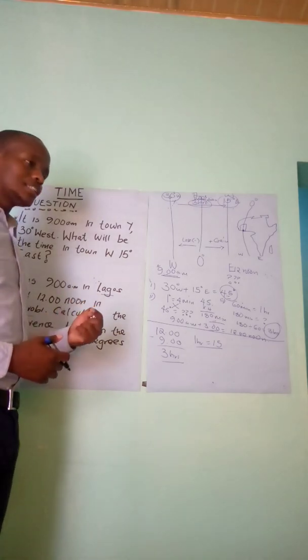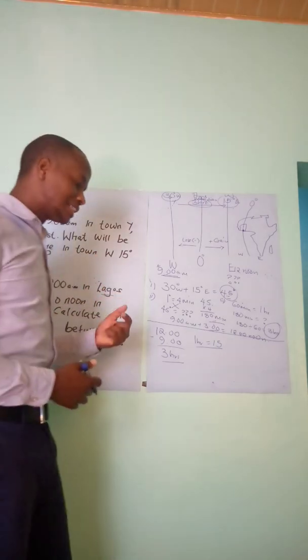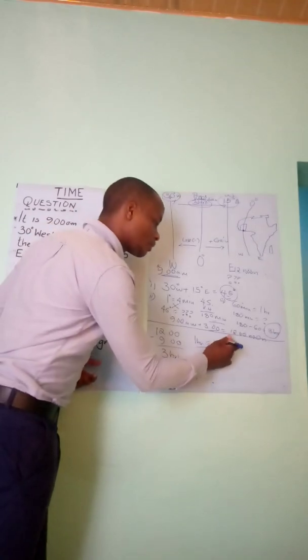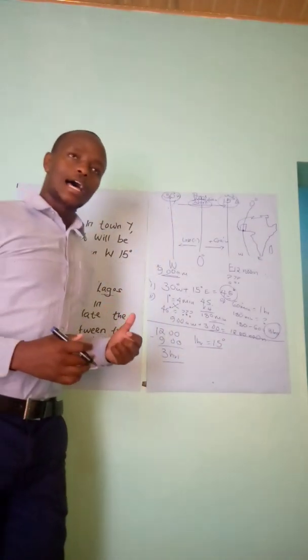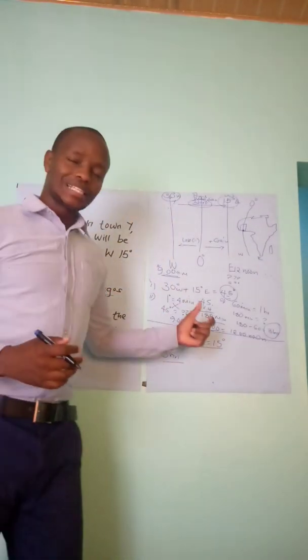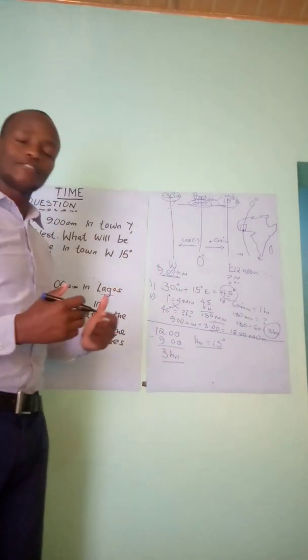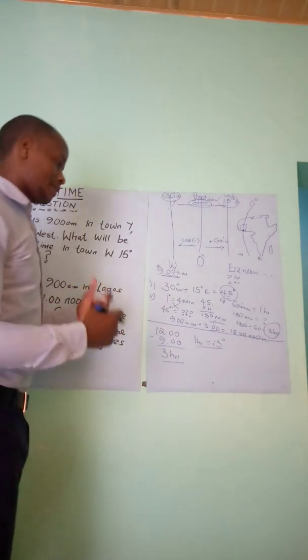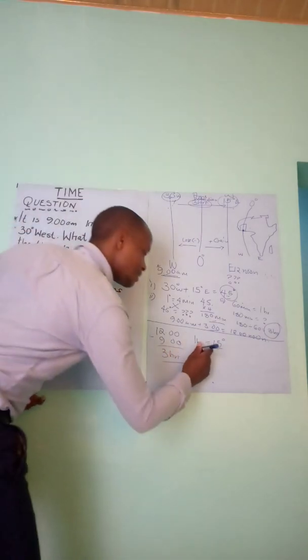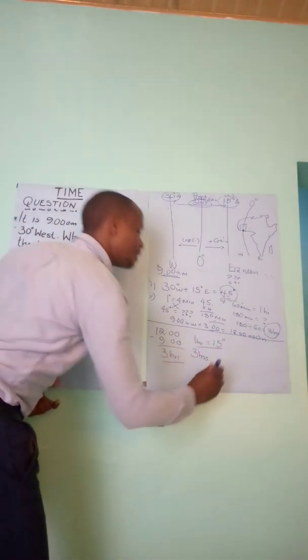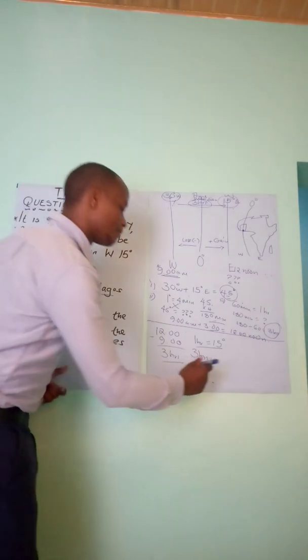We know that the Earth takes 1 hour to move 15 degrees. Therefore, what will be 3 hours? How many degrees will the Earth cover?